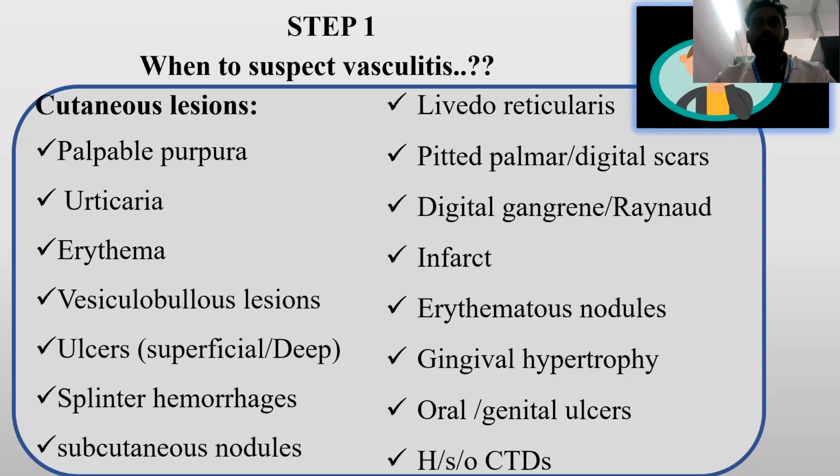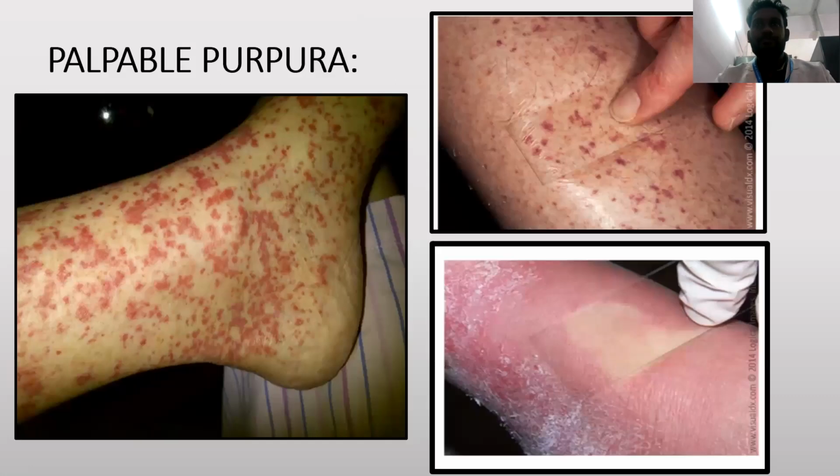So the cutaneous lesions, such as palpable purpura, urticaria, erythema, vesicular-bullous lesions, ulcers, whether it may be superficial or deep, splinter hemorrhages, subcutaneous nodules, livedo reticularis, pitted palmar or digital scars, digital gangrene or Raynaud's phenomenon, infarcts, erythematous nodules, gingival hypertrophy, oral genital ulcers, and if there is any known history of connective tissue diseases, we should always suspect a case of vasculitis.